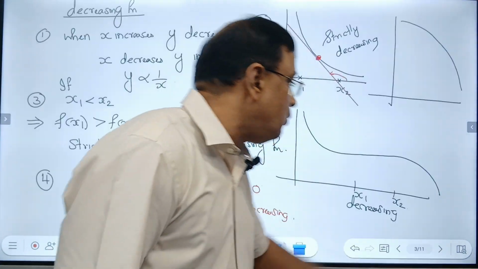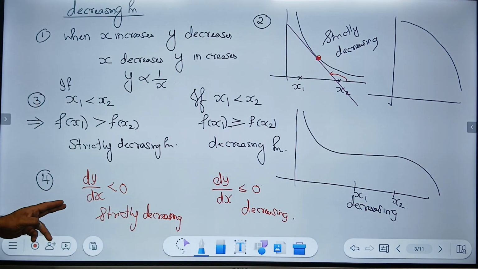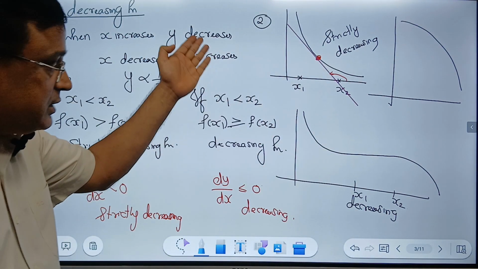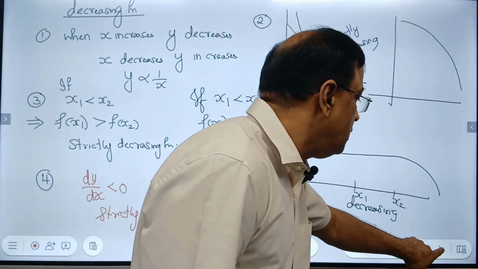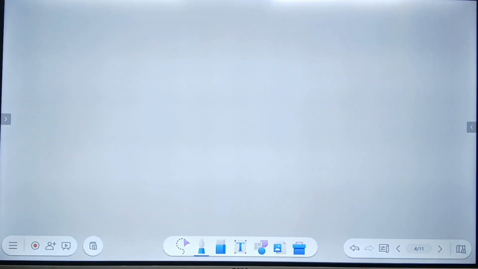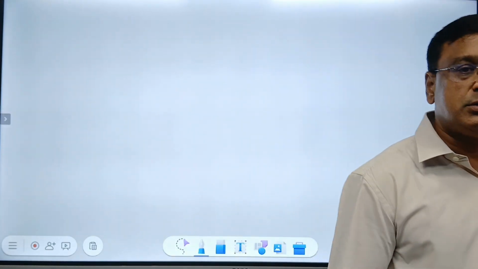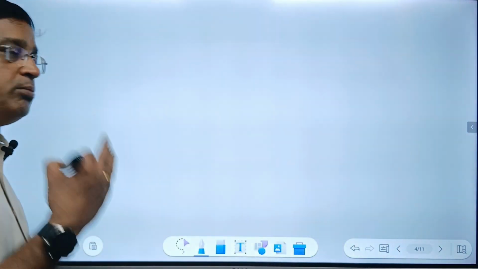And you also know why dy by dx is less than 0, because the tangent makes an obtuse angle. Okay. Now, is it necessary that every increasing function should be followed by a decreasing function? Not necessary. Okay. So we'll come to those things when we are doing problems.